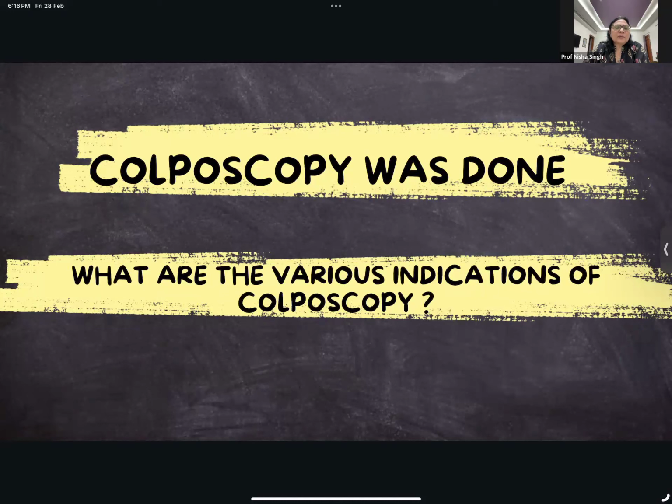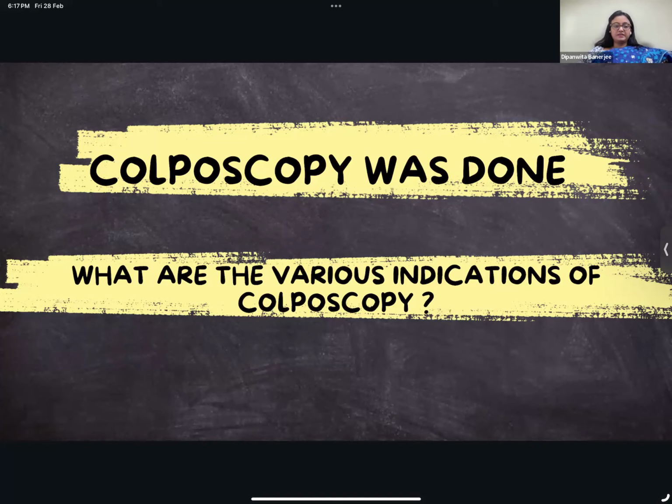What are the other indications for colposcopy, apart from ASCUS with HPV positive? What are the common indications for going for colposcopy? Colposcopy is a facility we can utilize.